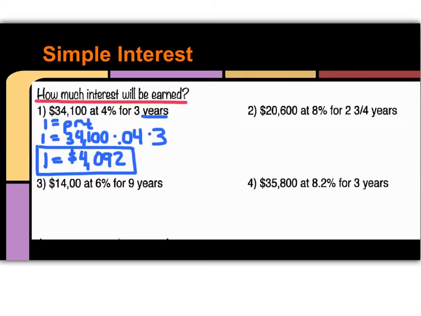Number 2. Again, same equation, I equals PRT. This time, the principal is $20,600 times the rate of 8%, which changed to a decimal is 0.08, times the time in years.